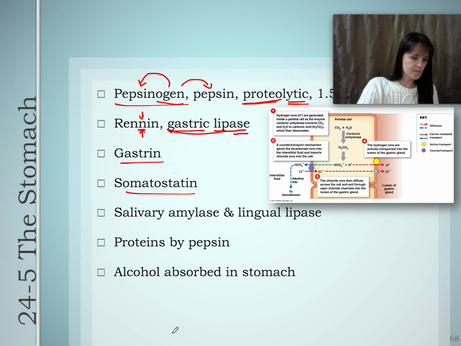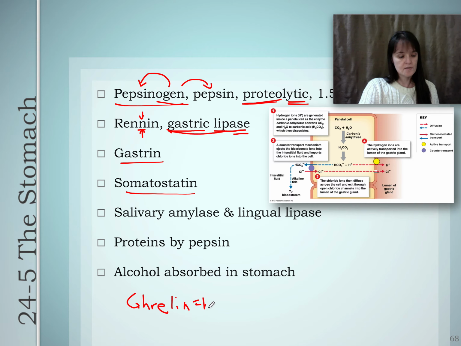And then at the bottom of the same page, I have written down ghrelin. Ghrelin makes you hungry. There you go. So we've had a hormone for satiety from fats and a hormone for hunger from the stomach.